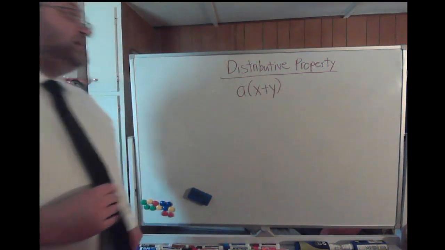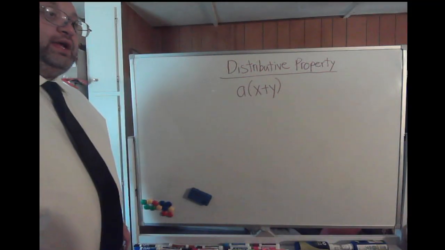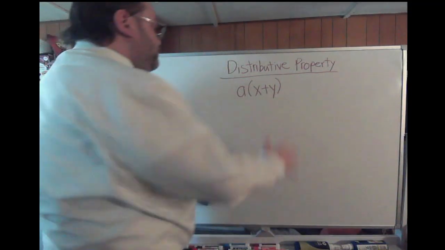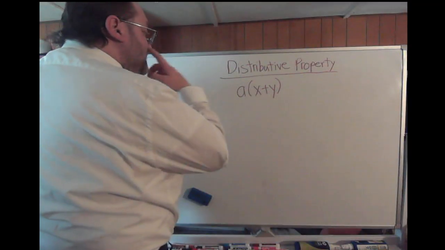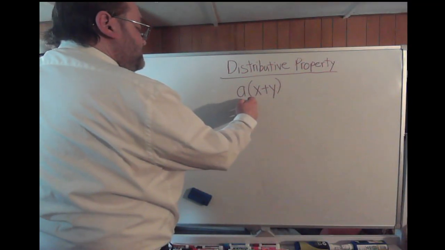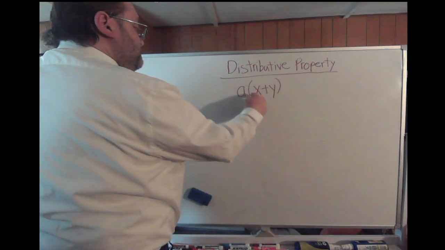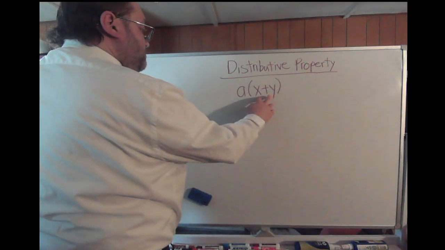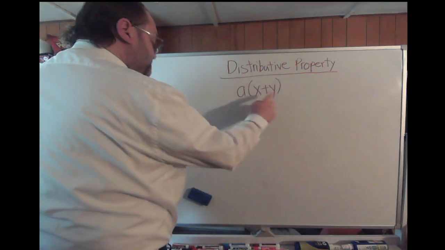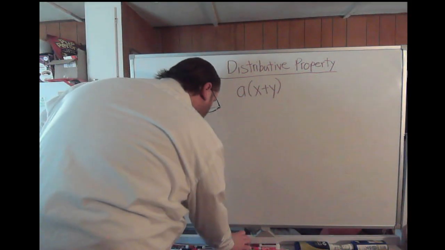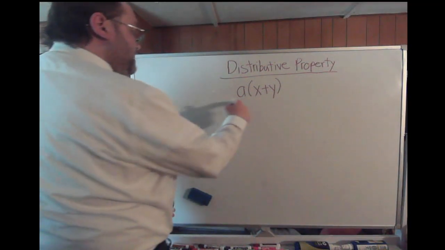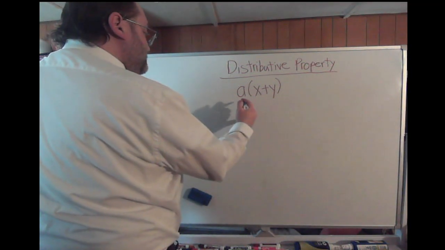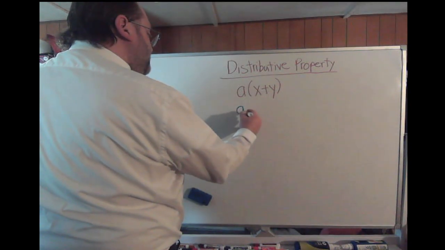Today we are going to talk about the distributive property. So the distributive property says that whenever you have any number outside of parentheses times, in parentheses, two numbers such as x and y, x plus y, you're going to take the number that's outside the parentheses and multiply it by each expression.